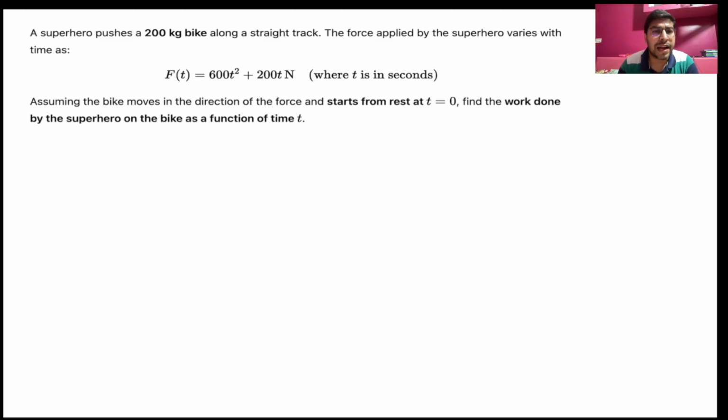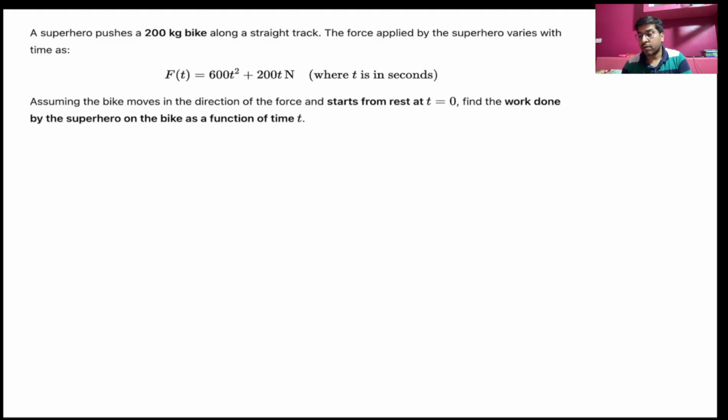Assume that the bike moves in the direction of force and starts from rest at t is equal to 0. Means the initial velocity at t is equal to 0 is how much? 0. Okay. The work done by the superhero we have to calculate in terms of t.